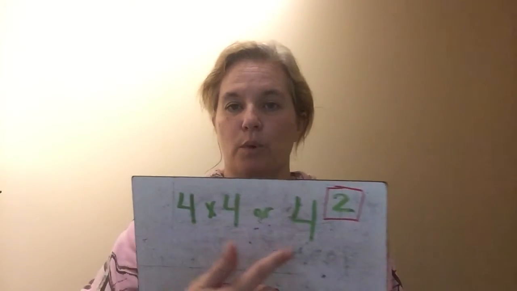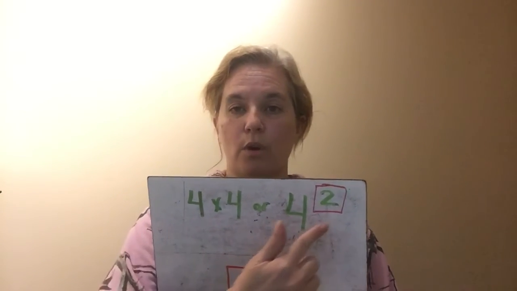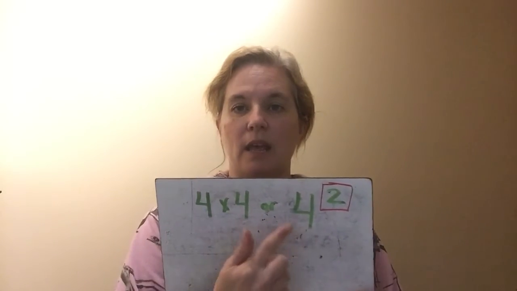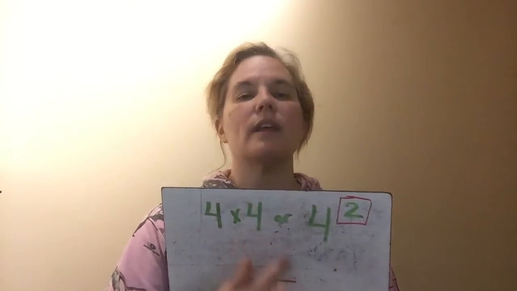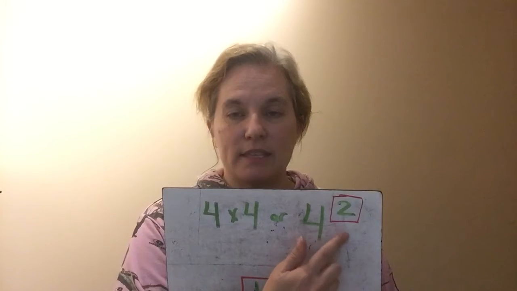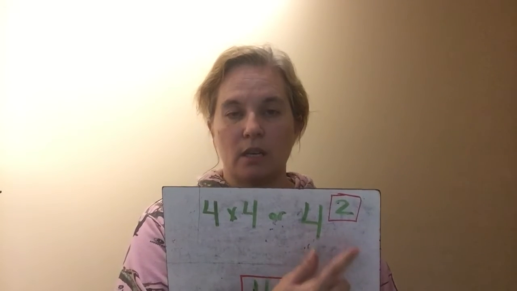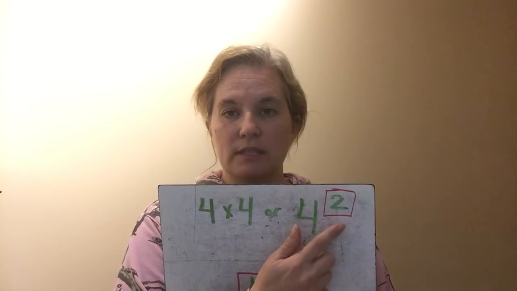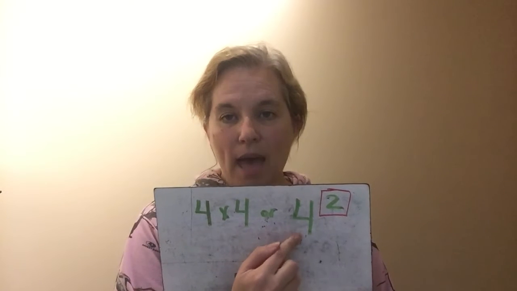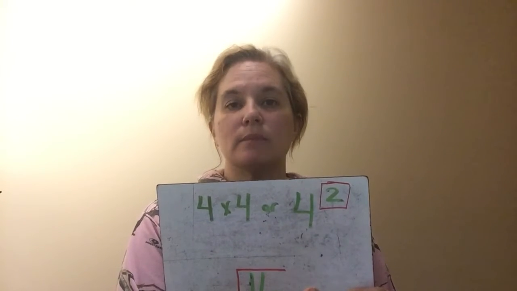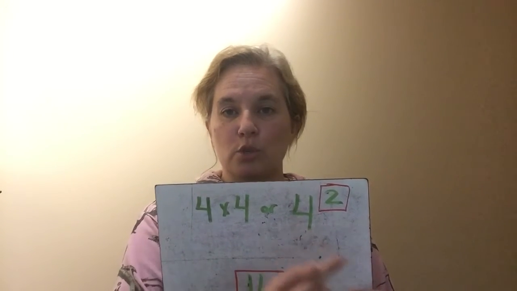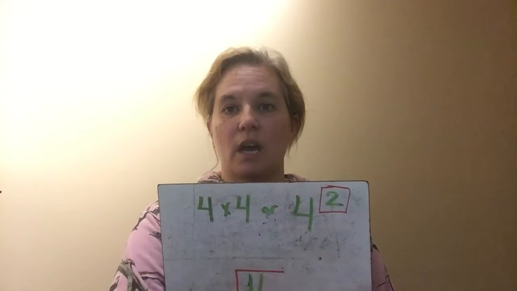So we've got 4 times 4 here. 4 squared is another way to write that. This 4 is called the base. This 2 is the exponent. This little exponent says take the base and make the number 2 times. So 4 times 4.